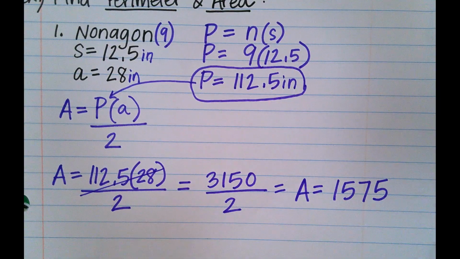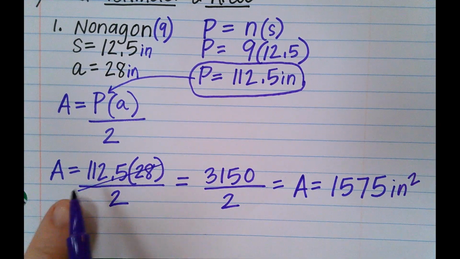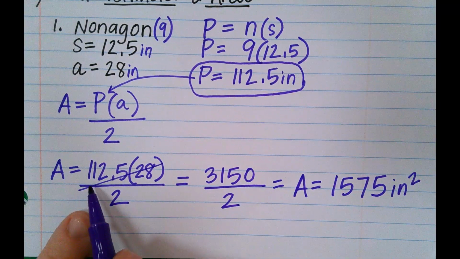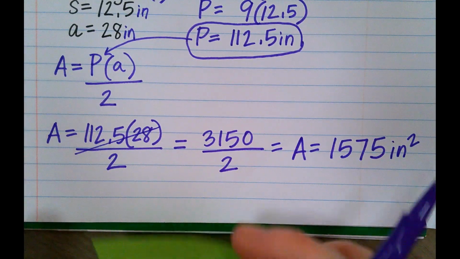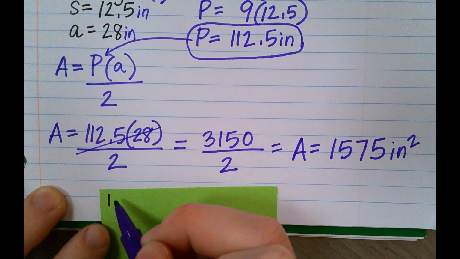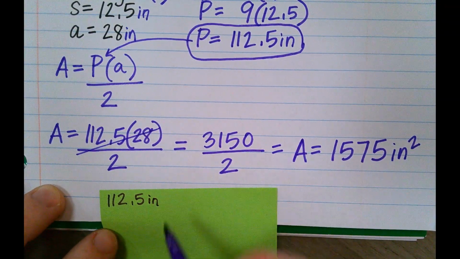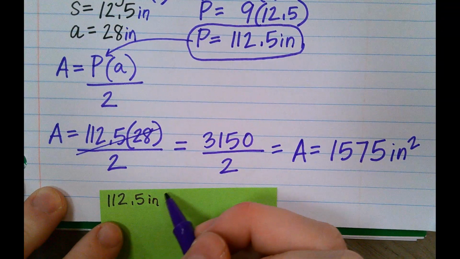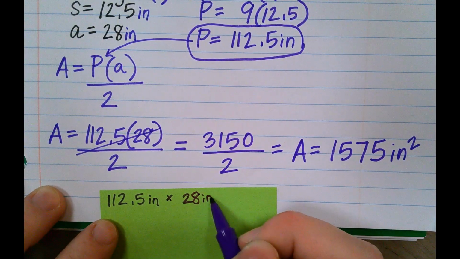And the reason for that, if you are curious, is that in the top part of our problem, I have 112.5 inches is my unit. And I'm multiplying by 28 inches again.